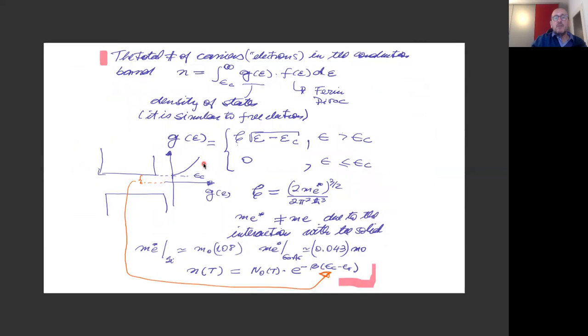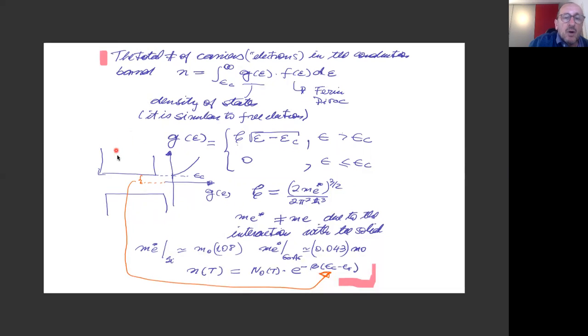Now what I'm trying to get at is, before I calculated the probability of having an electron here, and now I'm saying, look, we can actually calculate the total number of electrons in the conduction band.